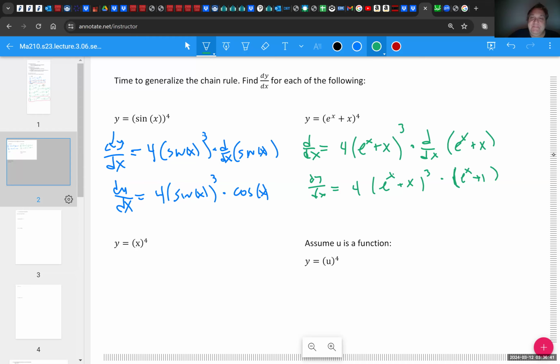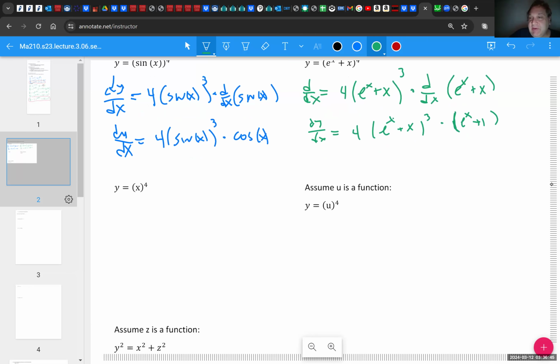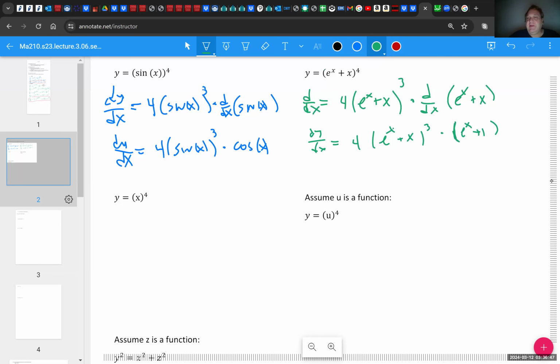All right, so here we go. Next chain rule problem I'm going to be doing is y equals x to the fourth. Remember, it doesn't matter what's inside there. It could be sine x, it could be e to the x plus x. I'm going to be doing it with x. So I'm going to be differentiating this thing. dy/dx is going to be 4 times thing to the third times the derivative of the thing.